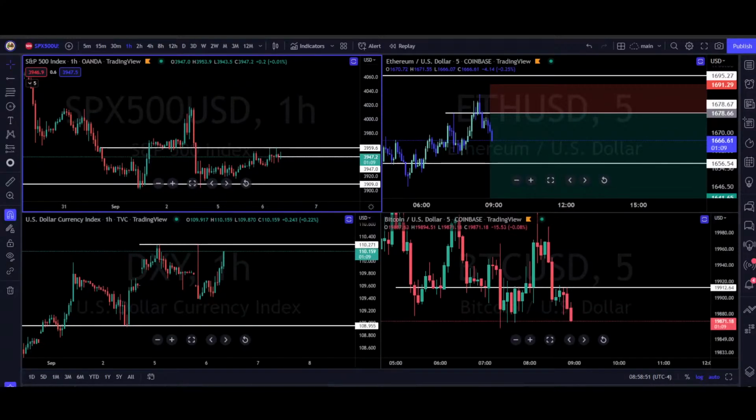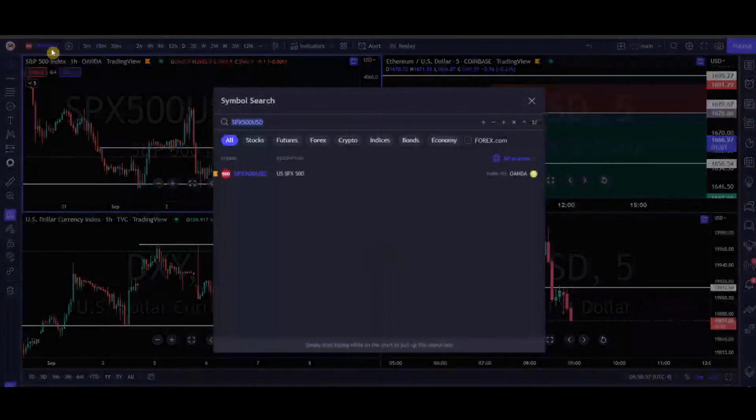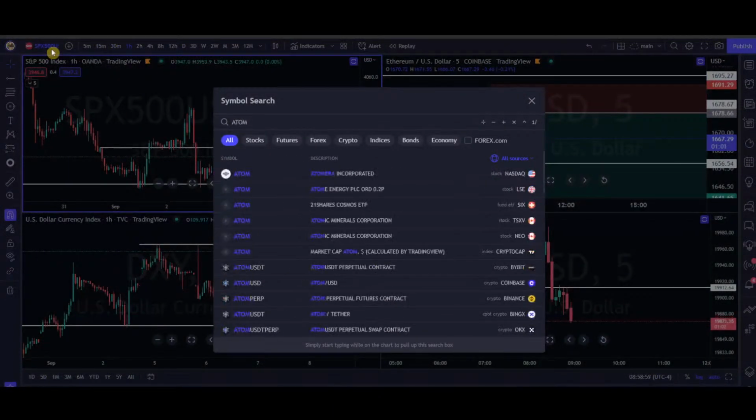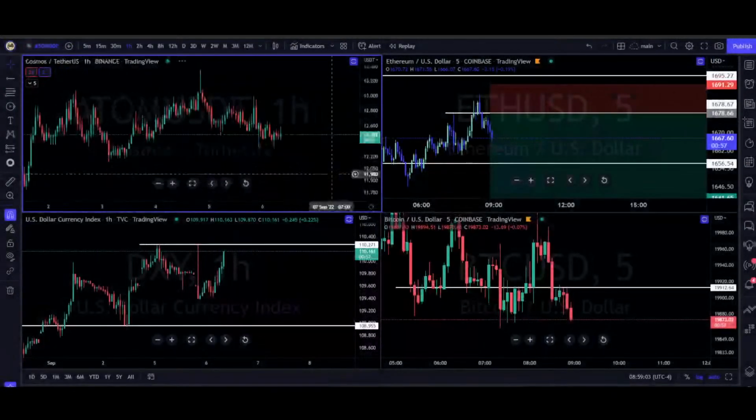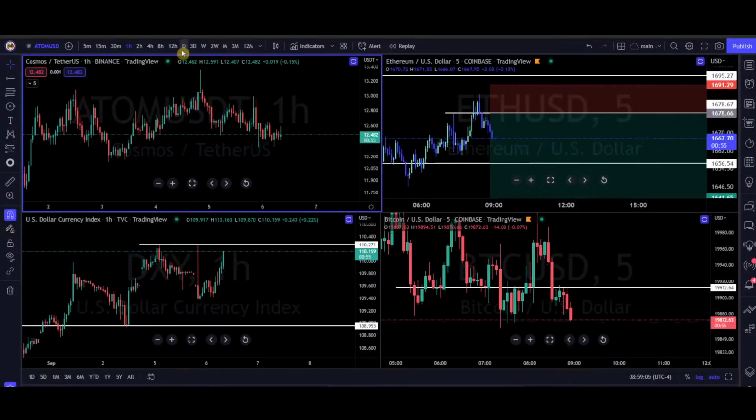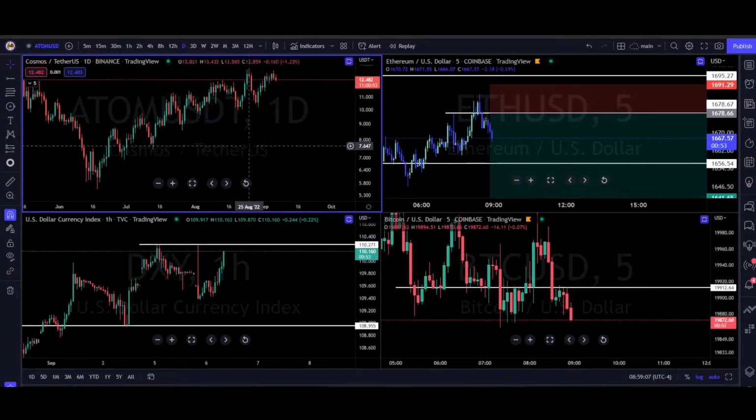Still down on the day, but might be finding support. We can go look at Atom real quick, while Bitcoin is pushing lower, taking us right out of being able to do anything.